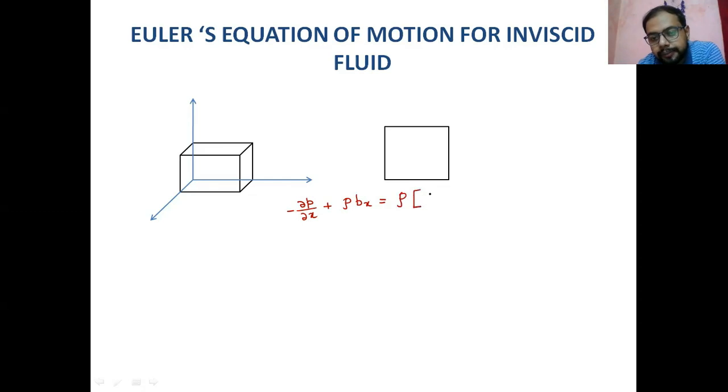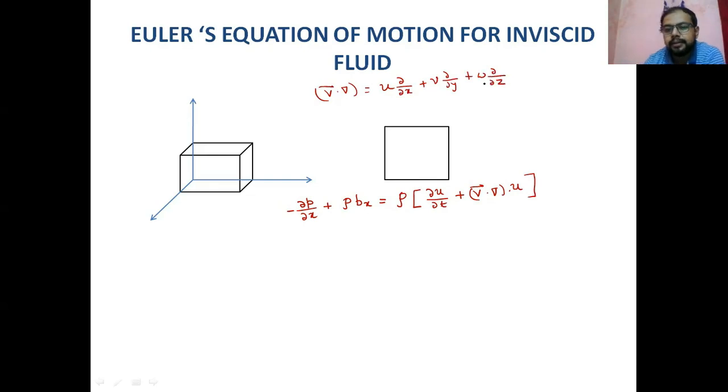So rho times du dt plus v dot del, because v dot del we have already told previously, that is u del del x plus v del del y plus w del del z. That is the equation number 1 along x-axis.